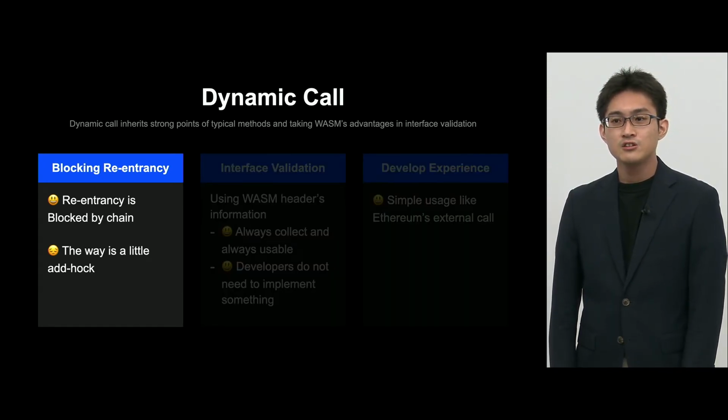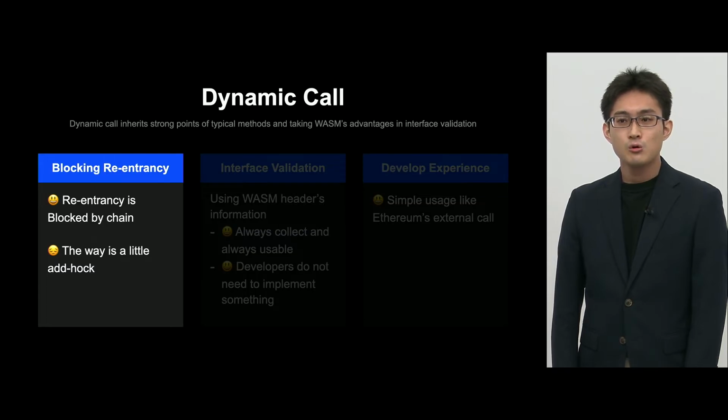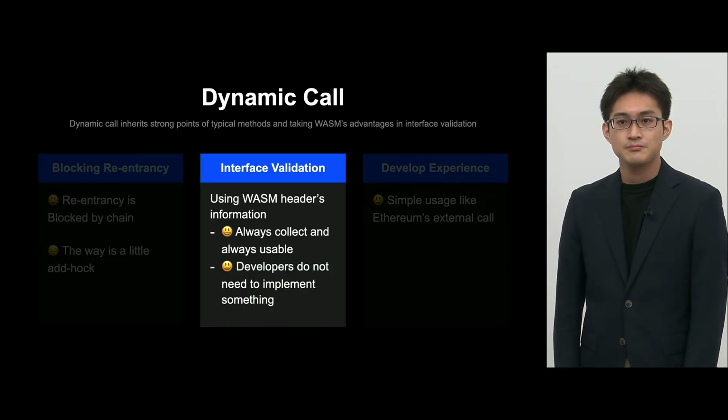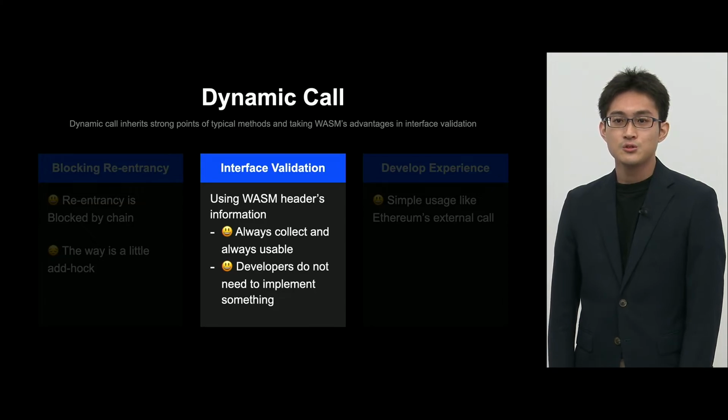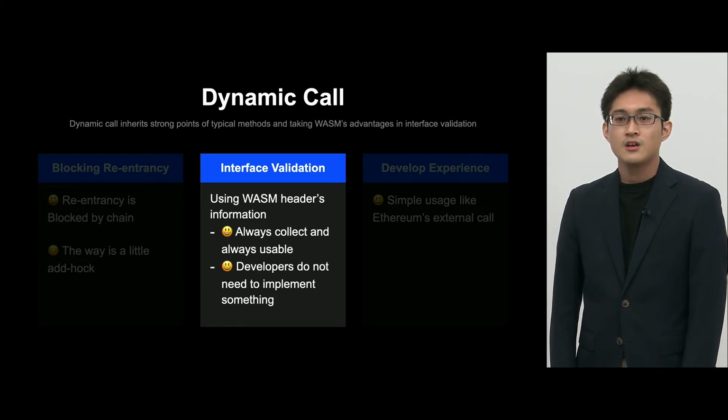Let me summarize. In the dynamic link, the reentrancy attack is prevented by the chain, and it's a good feature. But the method is ad hoc, so this needs to be improved. Also, the interface validation takes advantage of the characteristic of WASM and is realized as a chain function using the WASM header information.